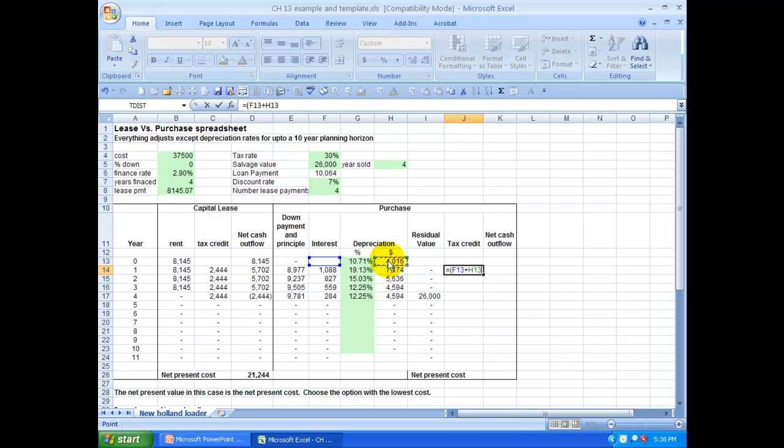But then we're going to have to pay taxes on the residual amount, but only if it's there. And if it's there, then we want to subtract any remaining basis that we might have in it. So we're going to do minus an if statement.